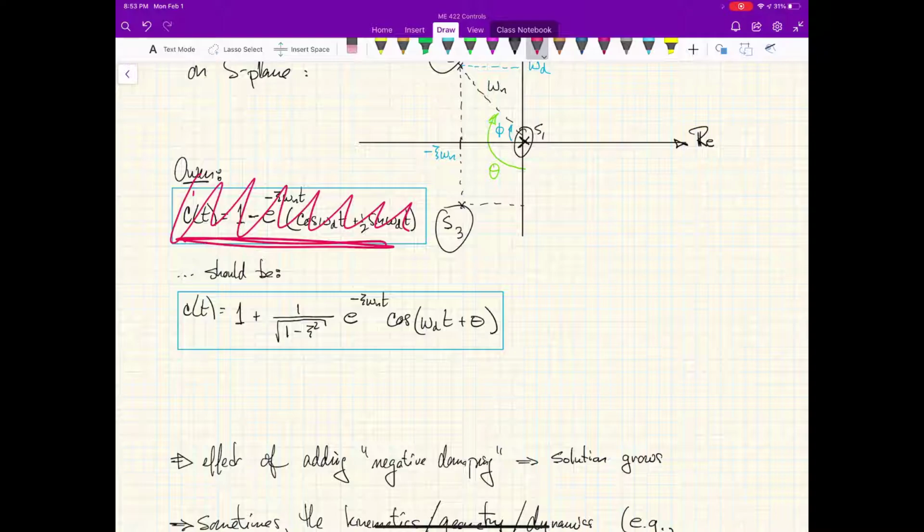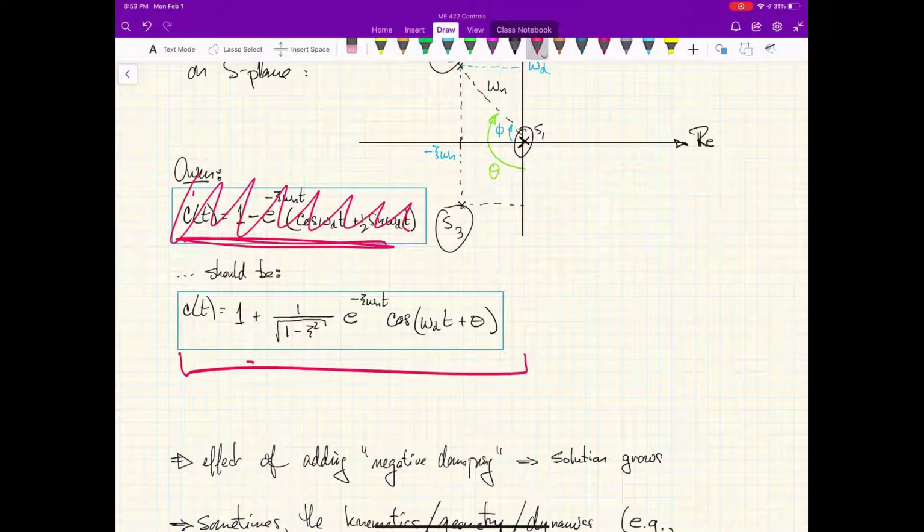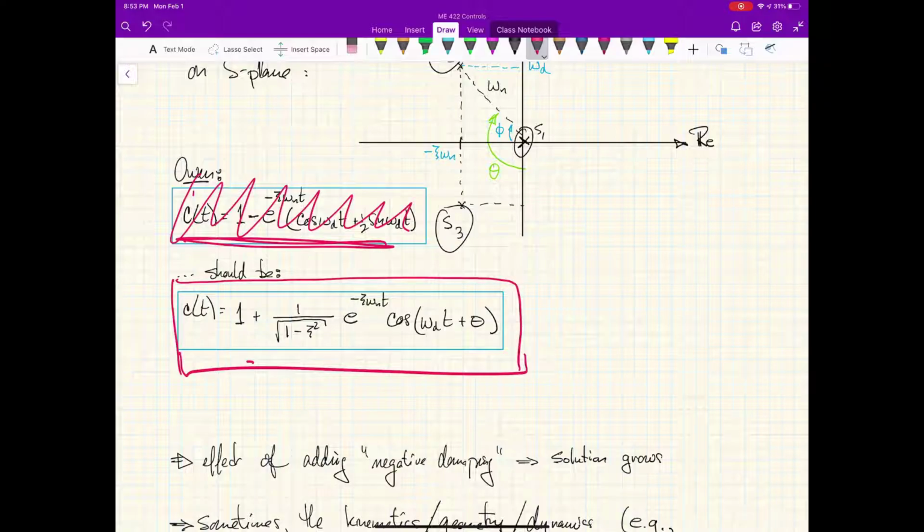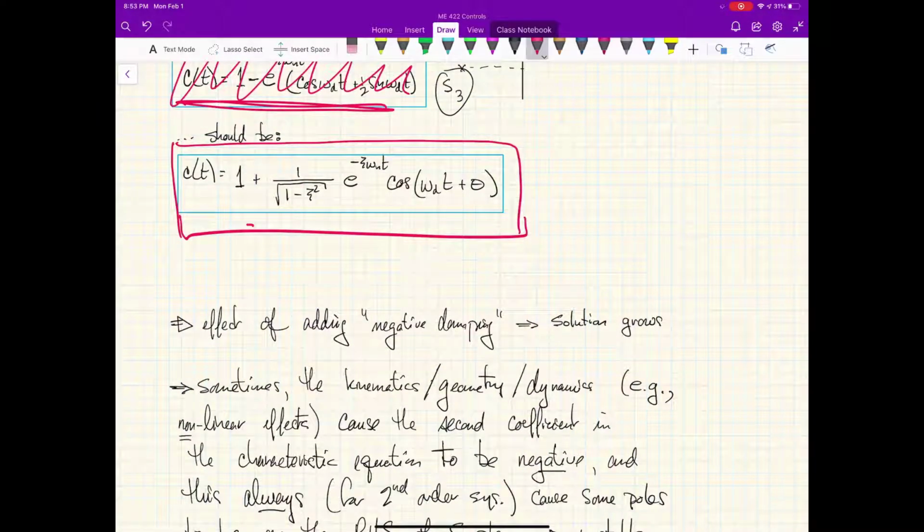The proper response should be like this. Okay? So this is what that partial fraction expansion solution inverted back into the time domain looks like. So this is the generic form of the response of a second order underdamped system when subjected to a unit step input. And it's a very important system.